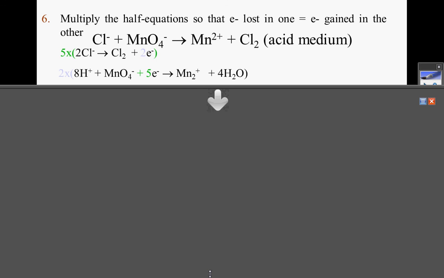First line, number 7, should be 10 Cl minus yields 5 Cl2 plus 10 electrons. That's the easy part. This should not be rocket science right now. Getting up to this point may feel like it. Pulling teeth sometimes. Not that bad. You've done it before.